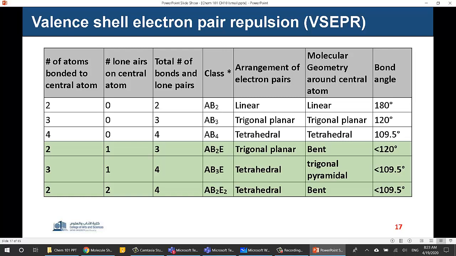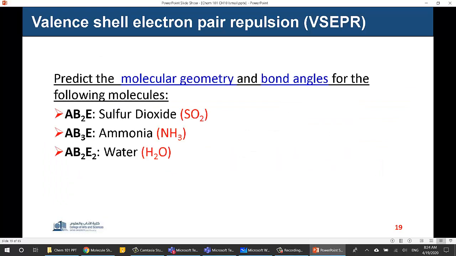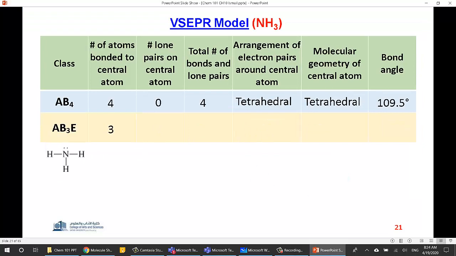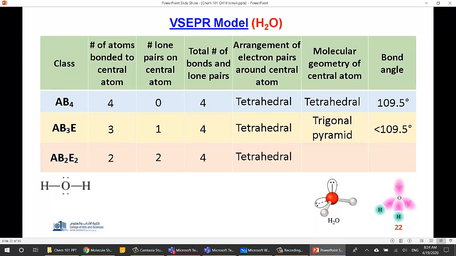The arrangement of electron pairs could be tetrahedral, and the shape is tetrahedral, or we call it molecular geometry. And there is also trigonal planar, and there is also bent. Water is one example of the very last row in the table, where you have a tetrahedral arrangement of electron pairs and a bent geometry. And the angle is 109.5.